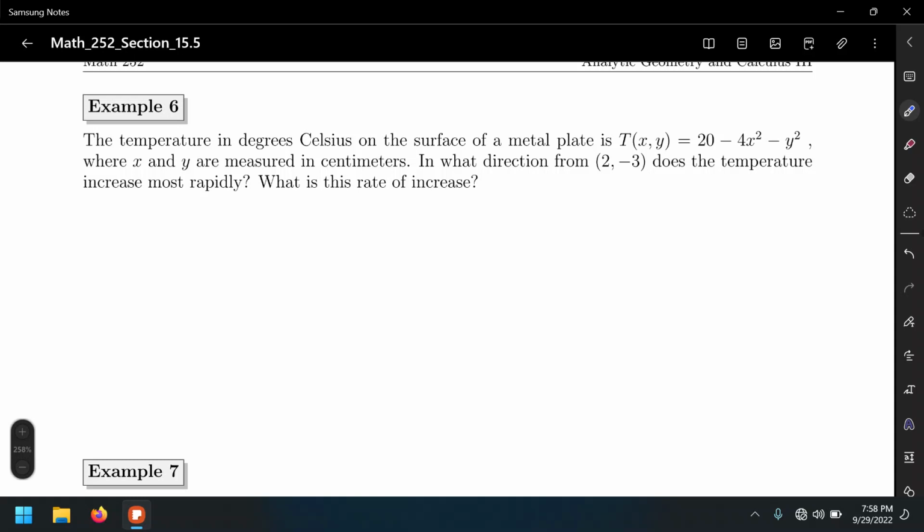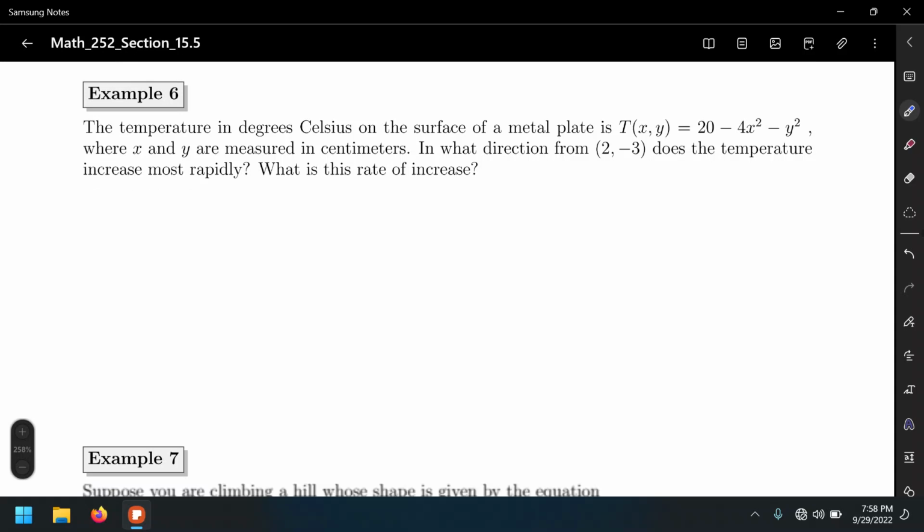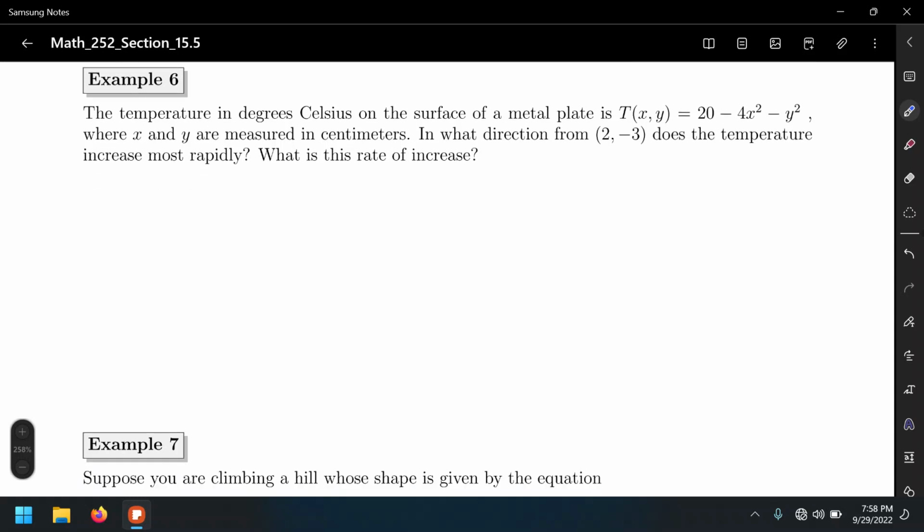At some points it might be hotter than at another point. So suppose we have this temperature function T = 20 minus 4x squared minus y squared, where x and y are measured in centimeters, and they're asking in what direction from the point (2, -3) does the temperature increase most rapidly, and what is that rate of increase.